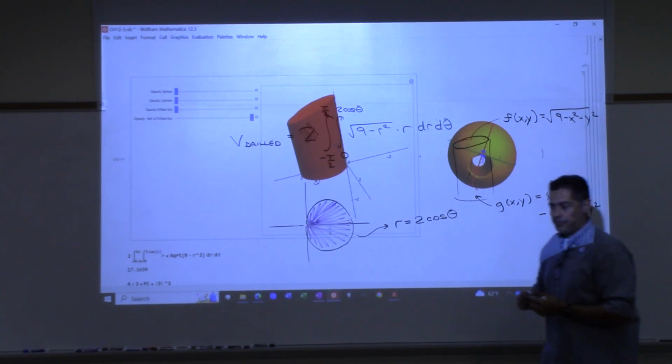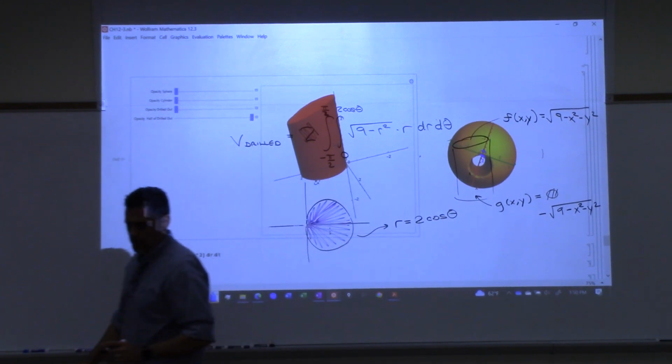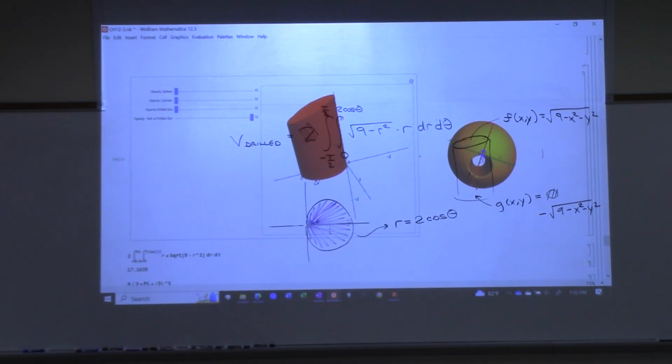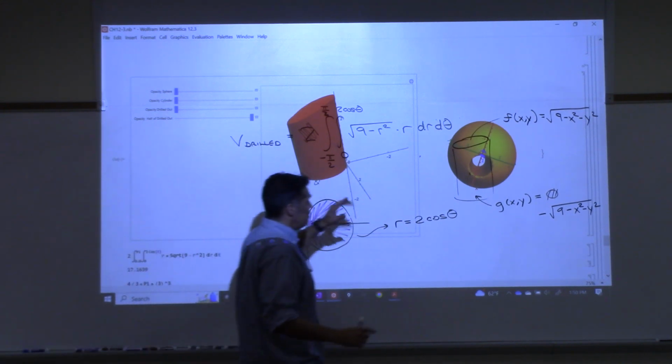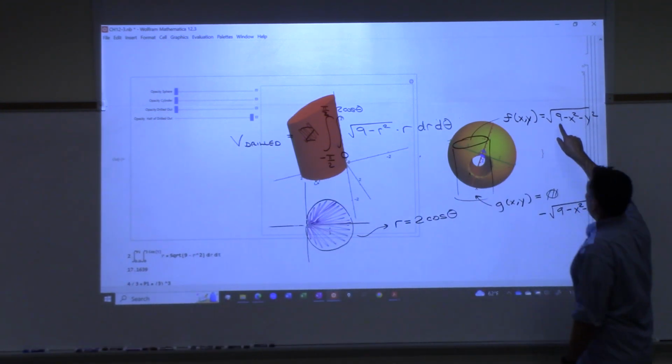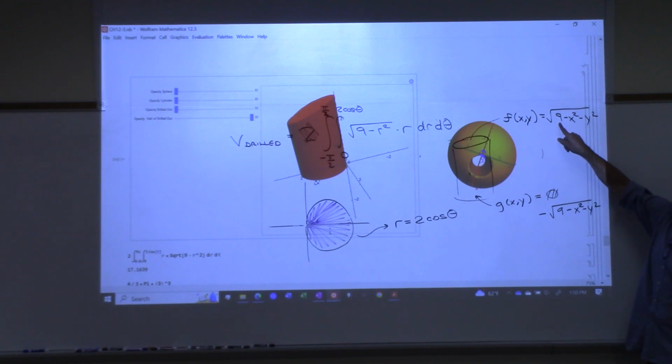Yes? Finding the volume of the drilled part, why are we using the radius of the sphere instead of the radius of the cylinder? Got you. Great question. The question was, why am I using 9 here and not 1, because the cylinder has a radius of 1, right?